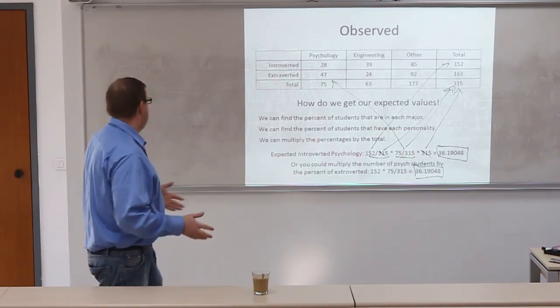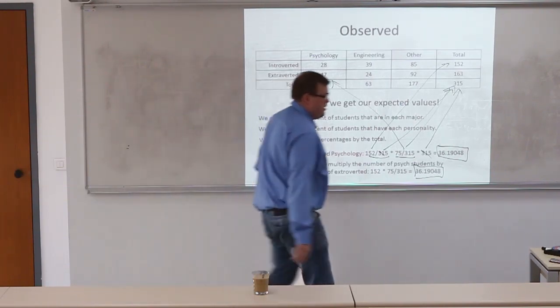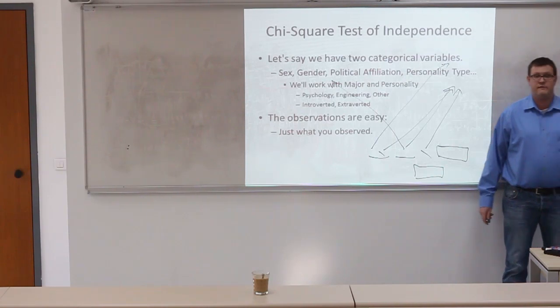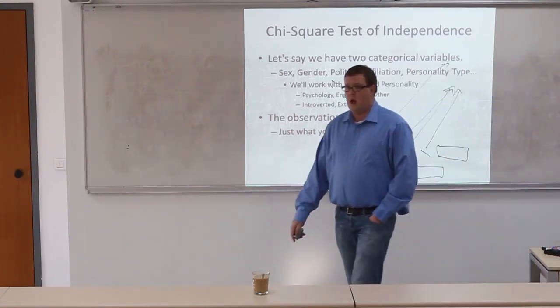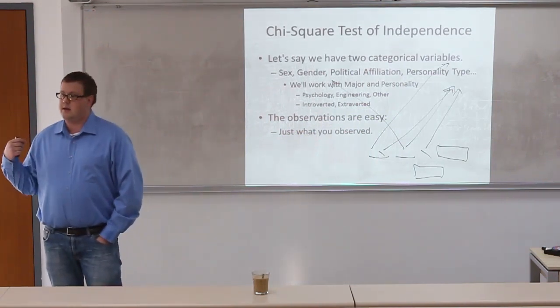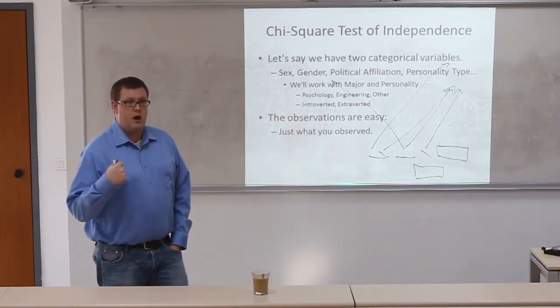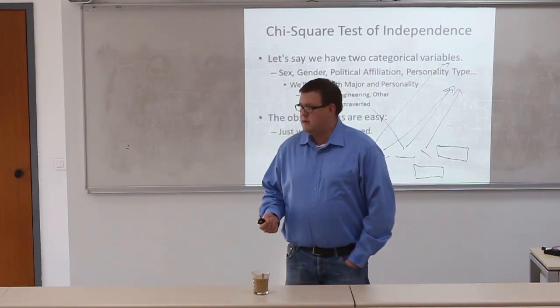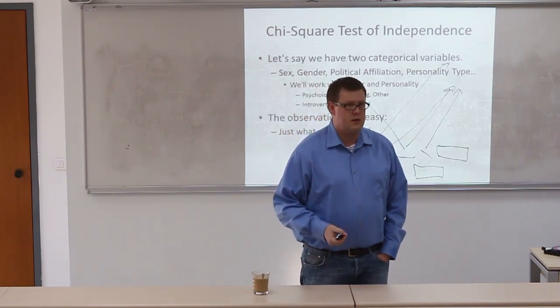Now, the chi-square that we're dealing with here is a chi-square test of independence. Think back very early on, to the beginning of the semester, when we talked about variables, and independence, and probabilities.